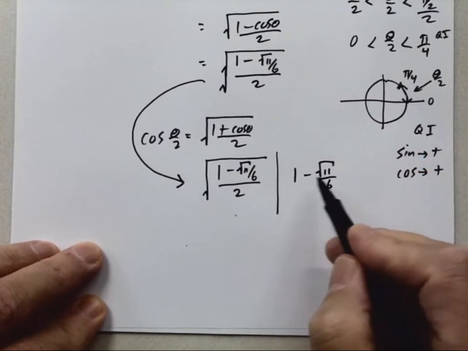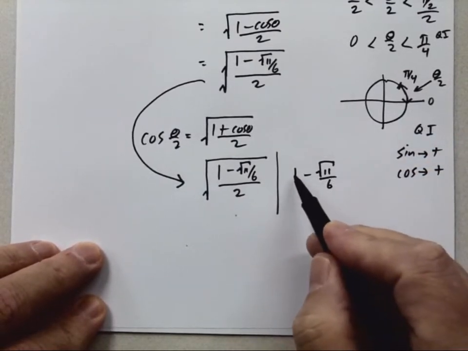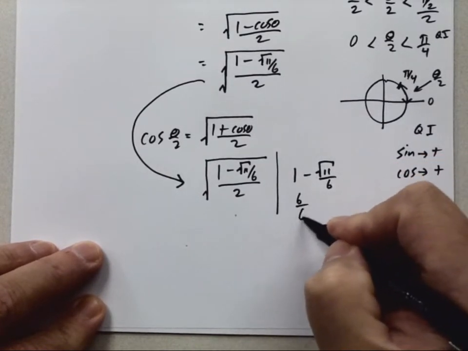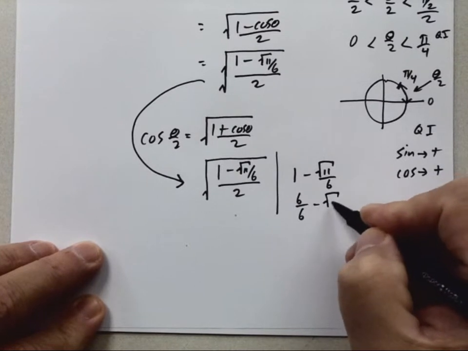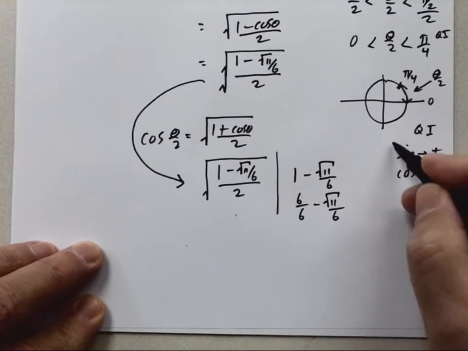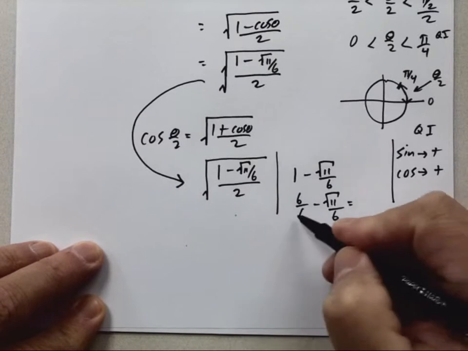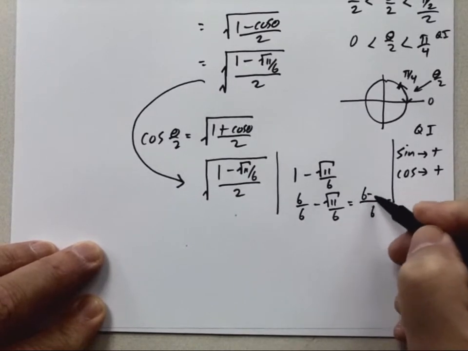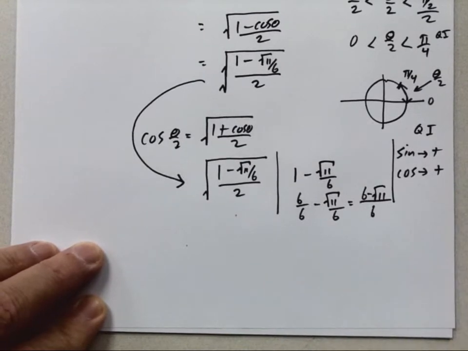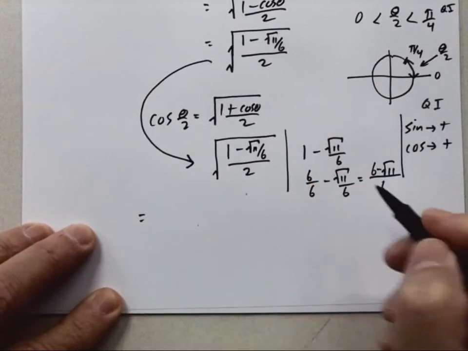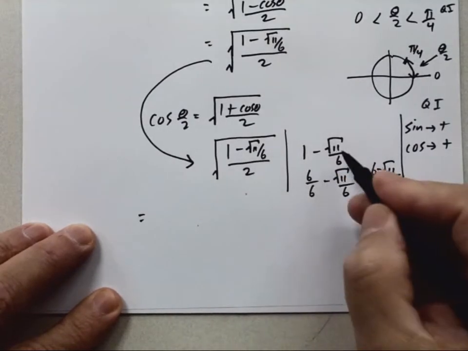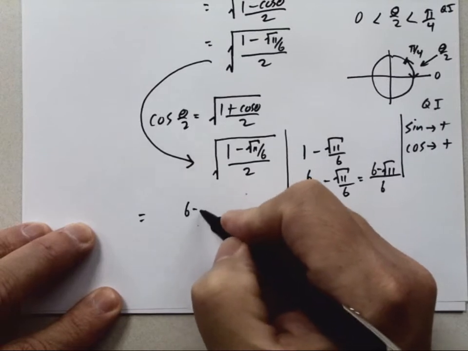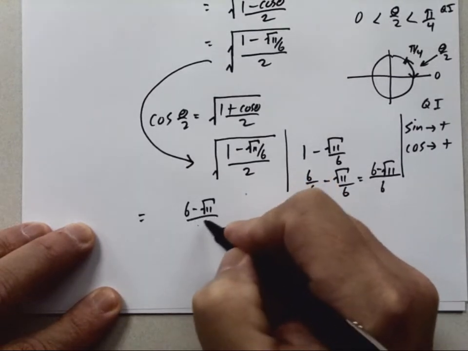Well, for that to occur, what has to happen? I have to have a common denominator. So this 1, I'm going to rewrite as 6 over 6. Now that I have a common denominator, so now 1 minus square root of 11 over 6, as one fraction, I can write it as 6 minus square root of 11 over 6.